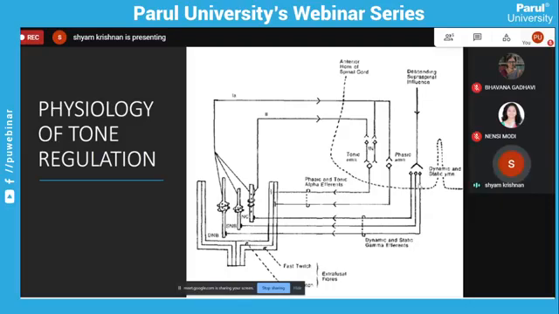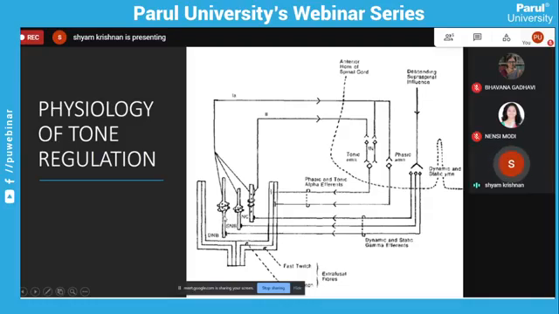Now I'll tell you what essentially the gamma motor neurons do, to simply understand. You can see that the gamma motor neurons have a plate-like ending on the ends of the intrafusal muscle fiber. The gamma motor neuron will cause a contraction of these polar aspects of the intrafusal muscle fiber. When from both sides the polar aspect is contracting, the central region will be stretched, because the intrafusal muscle fiber will contract from here, as well as from here.